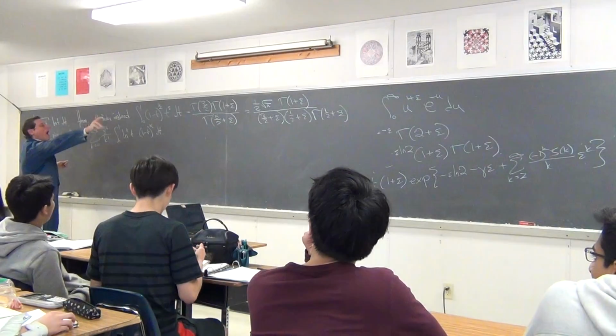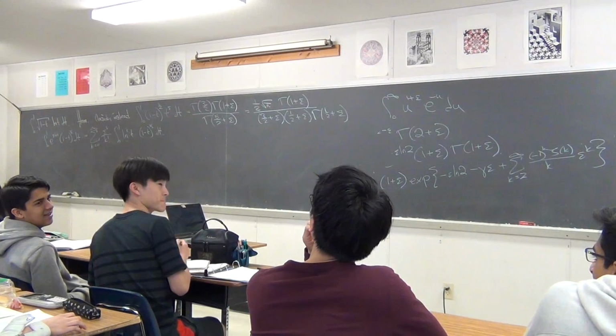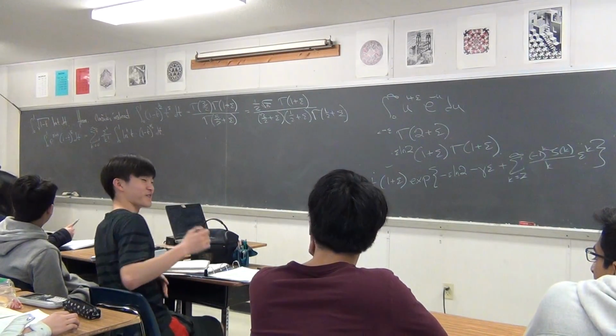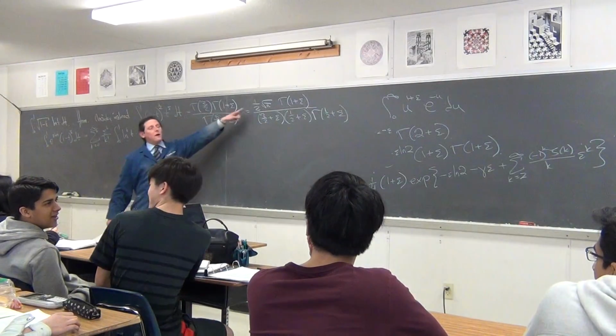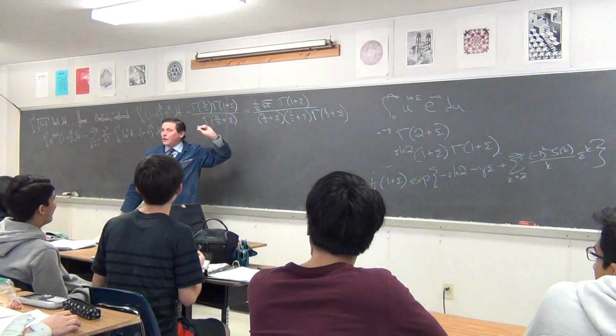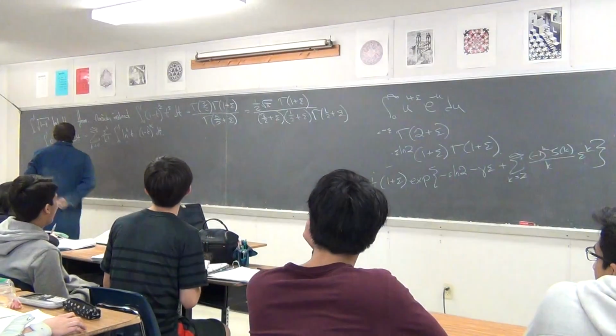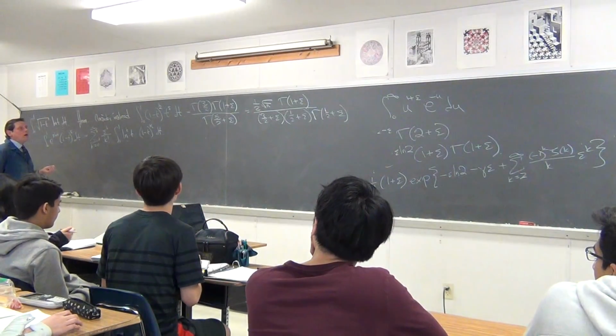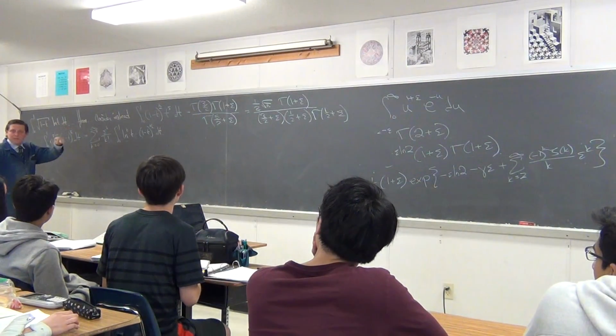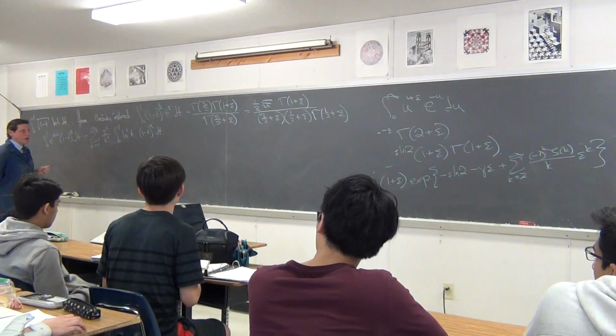So, I want to remember this because we're going to be coming back to this. All right? So I'm going to go ahead and simplify it a little bit, and then we'll erase it and get the Legendre duplication again.